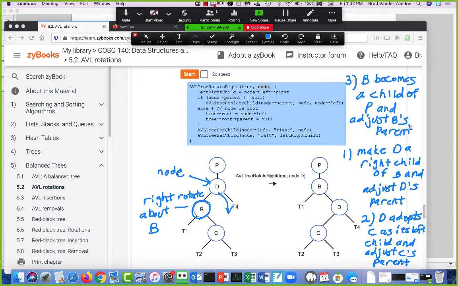Okay, so three parent pointers getting changed and three children getting changed.